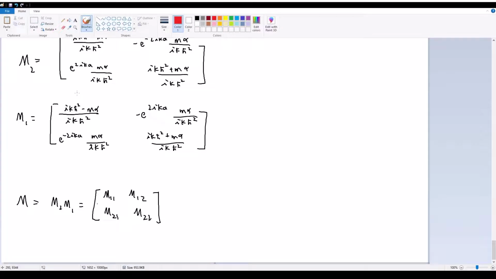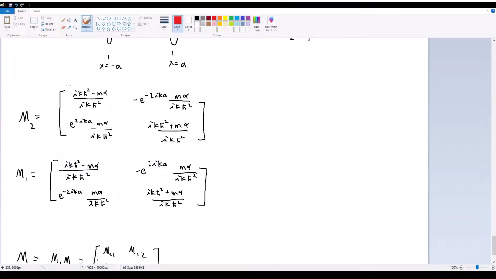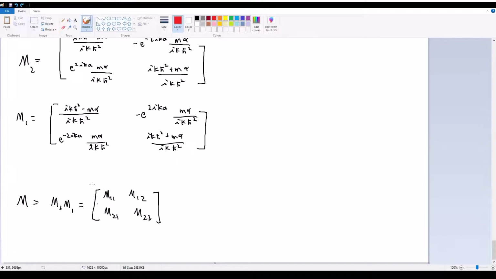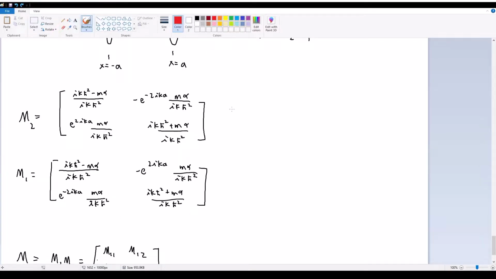So M11 is going to be this row multiplied by this column. So to do that, let's write it to the right here since we have space. M11 is going to equal (ik h bar squared minus m alpha) over ik h bar squared, because it's this first term times this first term, and then added with this second term times this first term.